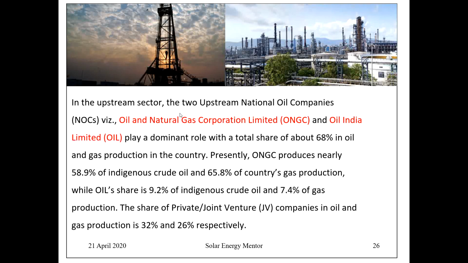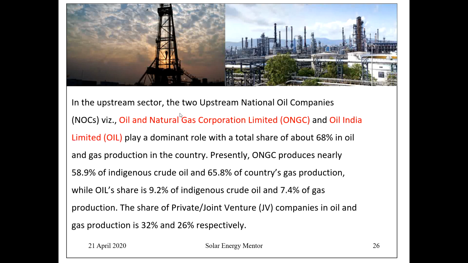In the upstream sector, the two national oil companies, Oil and Natural Gas Corporation, ONGC, and Oil India Limited, OIL, play a dominant role with a total share of about 68% in oil and gas production in India.